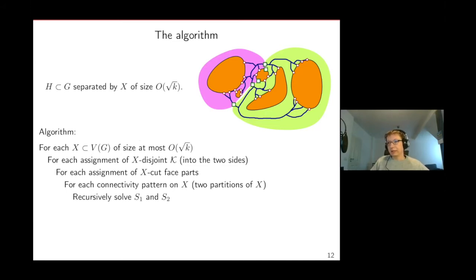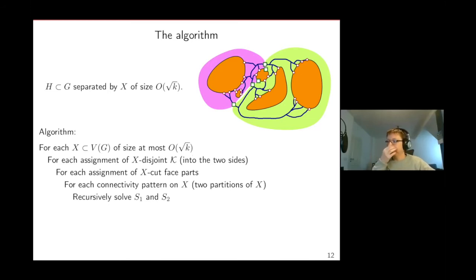And then I will know what these vertices are, but of course I don't know where the terminal faces will fall. So I have to guess on which side of the separator each terminal face will end up, right? I need to assign all the terminal faces untouched by X into one of the two sides. And I will also have some terminal faces which I cut through. So those terminal faces will be cut up into paths. And for each of those paths, I will guess on which side of the separator it falls.